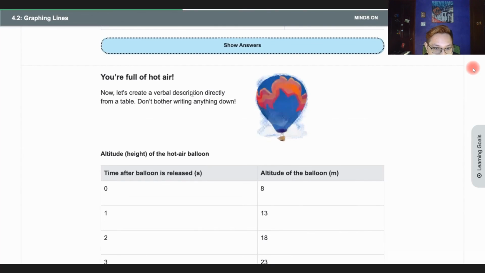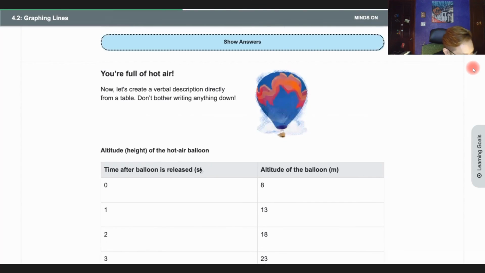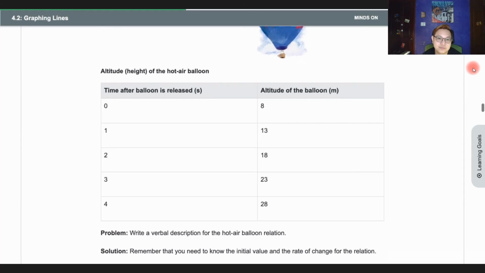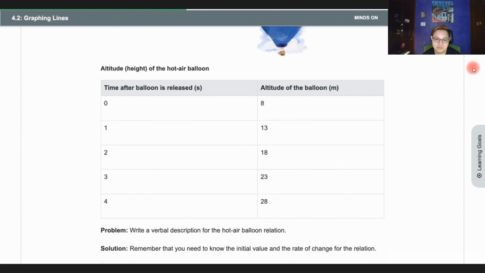You're full of hot air. Altitude, height, the hot air. Oh my god. The sky looks so gloomy today. I think it's gonna rain soon.